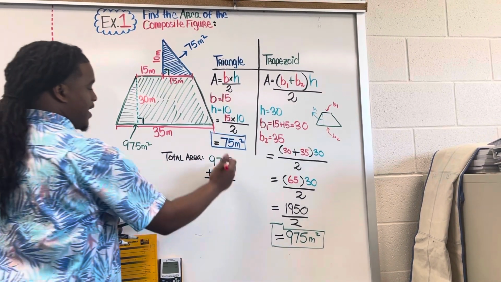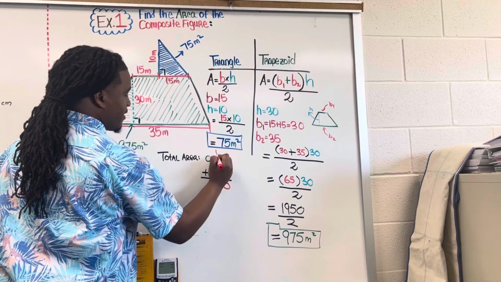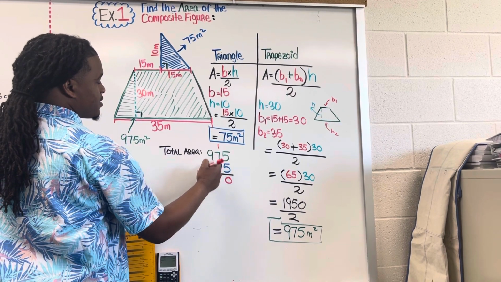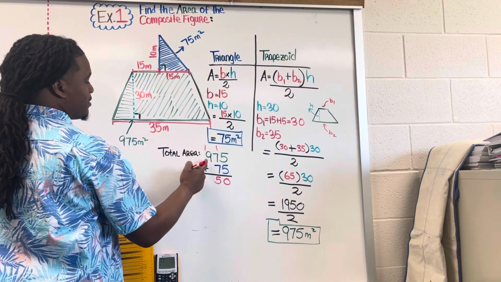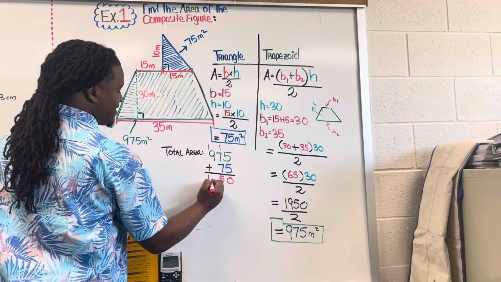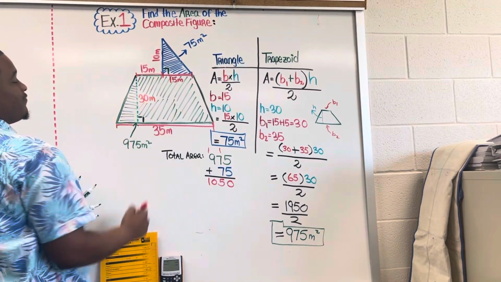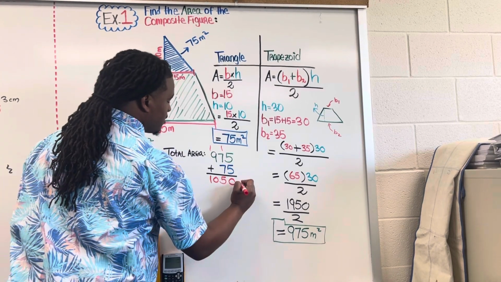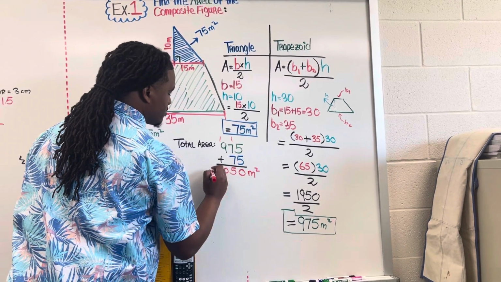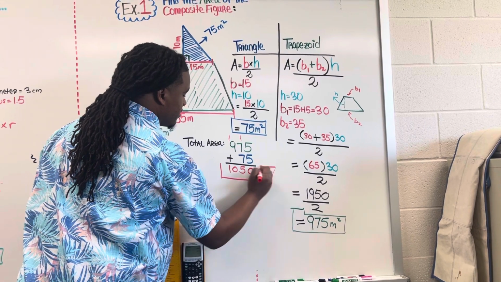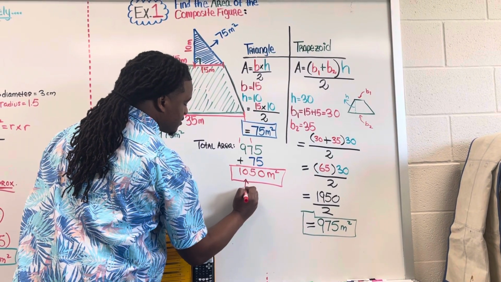Okay, 5 plus 5 is 10. I'm going to carry the 1. 7 plus 7 is 14, plus that 1 I carried is 15. I'm going to carry the 1 again. 1 plus 9 is 10. So this composite figure has a total area of 1,050 square meters. This right here is our final answer.